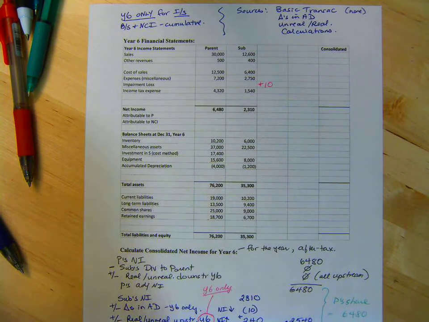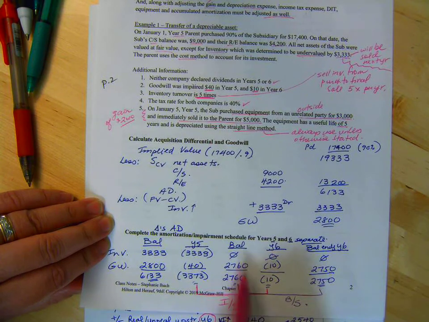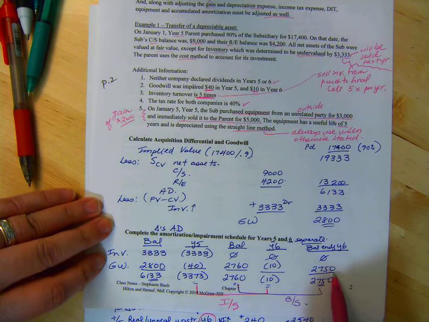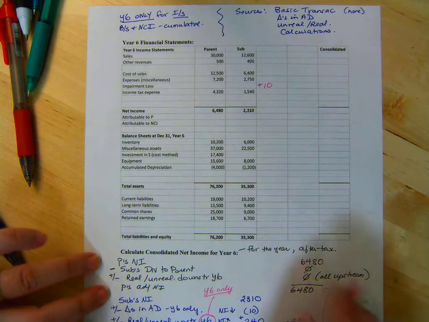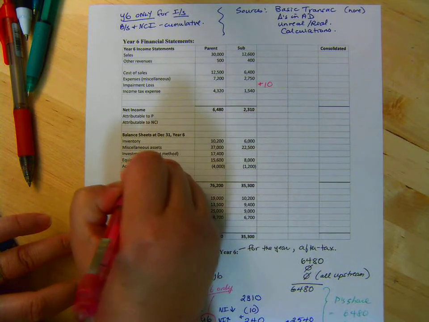Now, what are these balances? What do I do here? Well, they go on the balance sheet, and I don't look at this one because that's year 5. I want year 6. That $27.50 is goodwill, so I'm going to put that under goodwill. Well, there isn't one here, so I just have to add it.